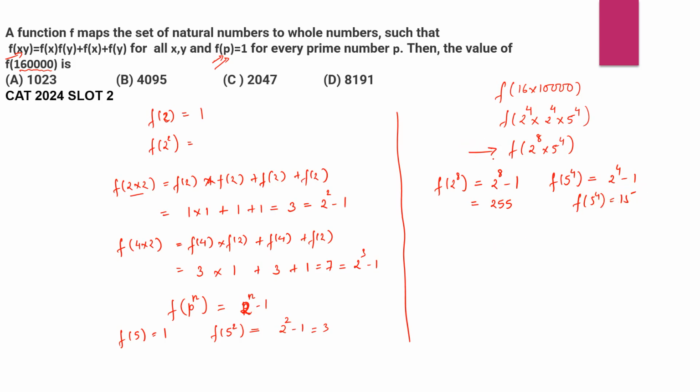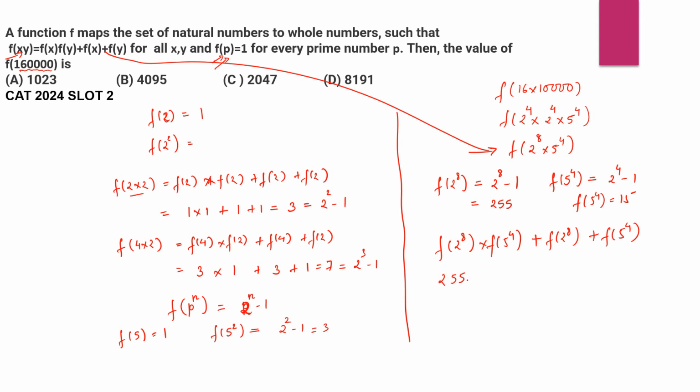Now let's try to calculate this one using this formula. F of x into y is f of x, which is 2 to the power 8, into f of 5 to the power 4, plus f of 2 to the power 8 plus f of 5 to the power 4. What is f of 2 to the power 8? It's 255.